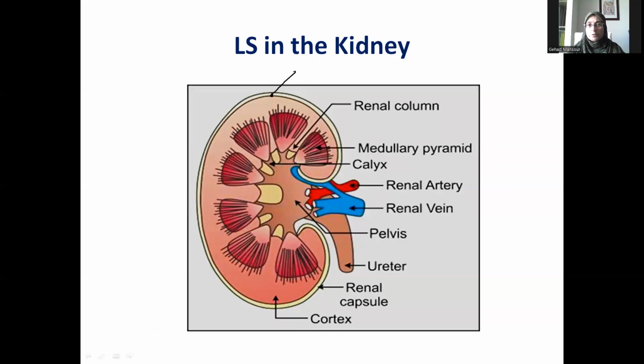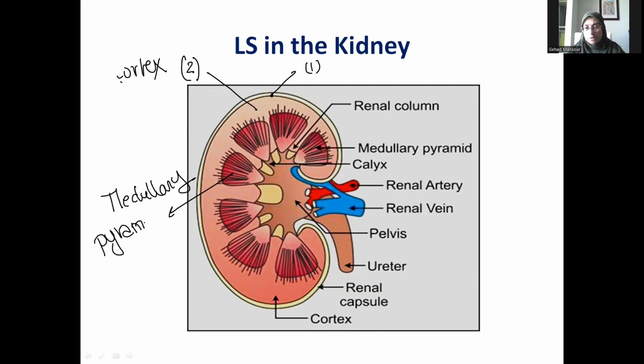So the outermost layer would be the capsule of the kidney. Number one is the capsule of the kidney, and then you have the outer third of the renal tissue, which is the renal cortex. And then you have the pyramids, and these are the medullary pyramids because all the medullary pyramids together form the medulla.